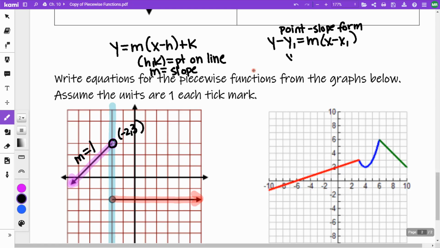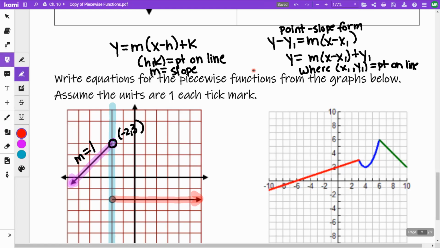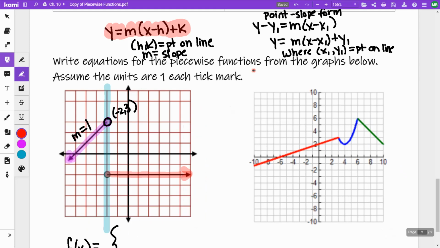The only thing I've done over here is we have the x minus x1 and we added the y1, where x1, y1 equals a point on the line. But I want to think about it this way, because that's the form we do our parabola, the form we do our absolute value. It's going to be the form we do all of our graphs. That's how I'm going to write mine.